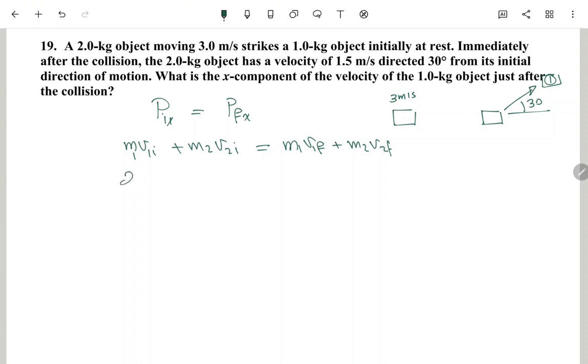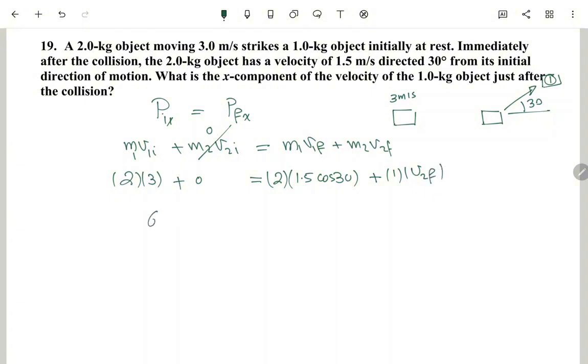In this case, 2 times 3 plus 0, because the object is initially at rest, equals M1, which is 2, times V1 final, the x component, which is 1.5 cosine theta, plus M2, which is just 1, times V2 final, that's what we are trying to find.